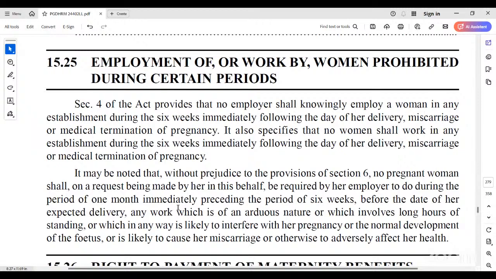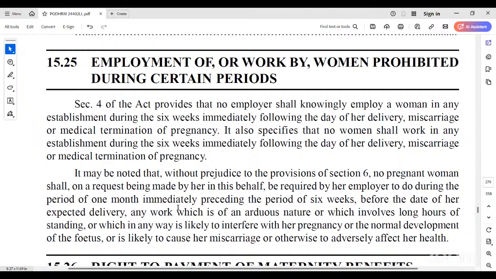The Maternity Benefit Act 1961 provides that no employer shall knowingly employ a woman in any establishment during the six weeks immediately following the day of her delivery, miscarriage, or medical termination of pregnancy.